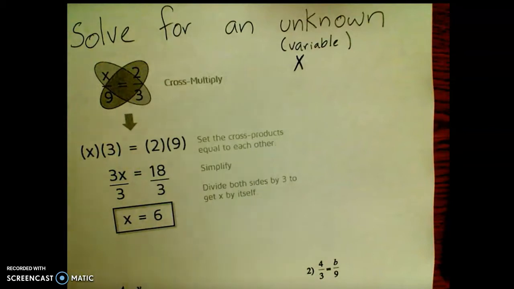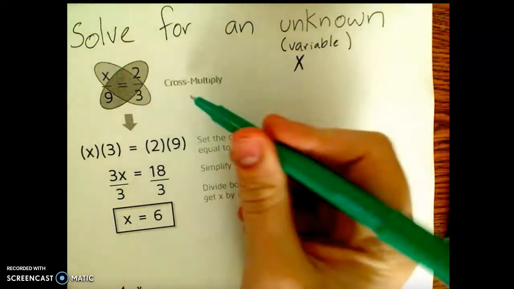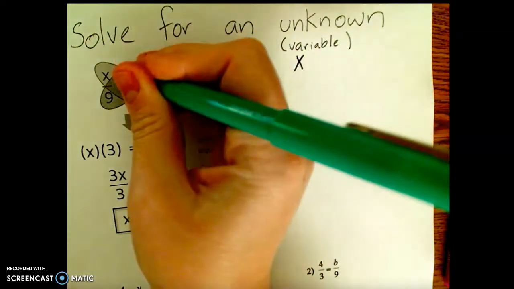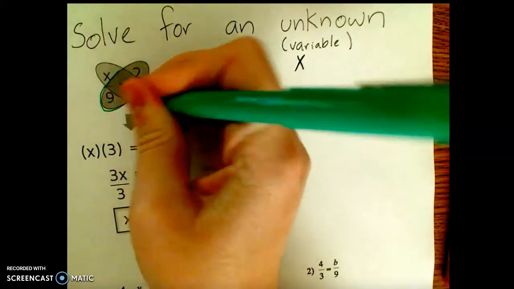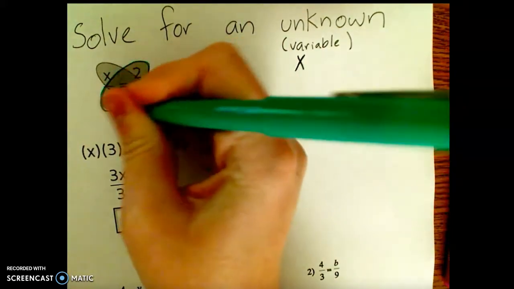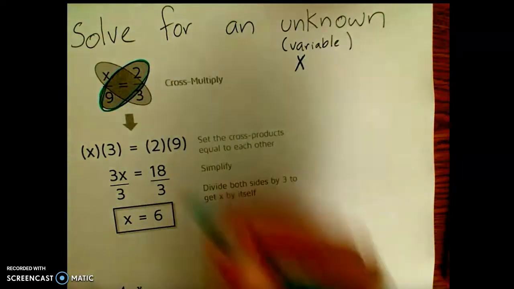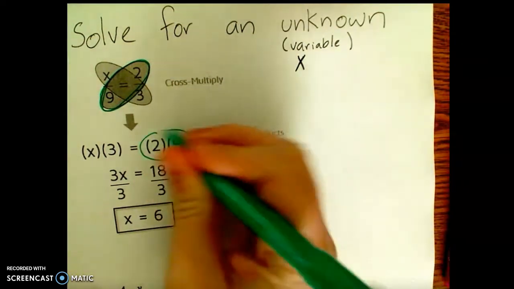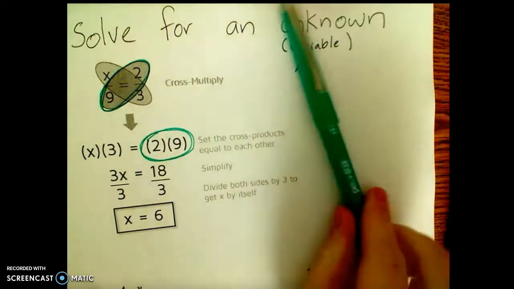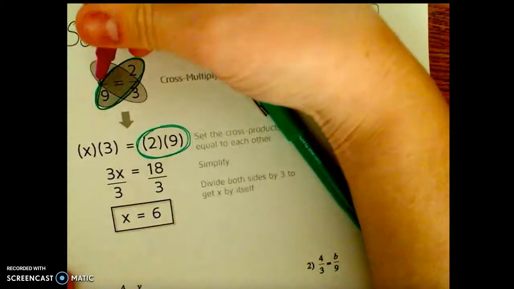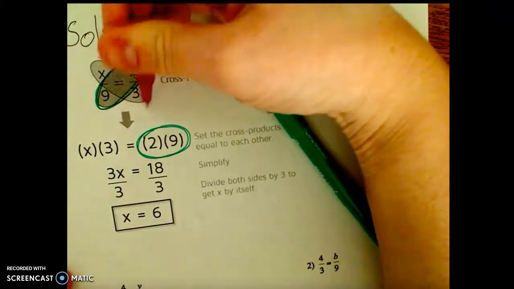Now, since this is all black and white, I'm going to get my colors out, and we are going to color cross multiplication again. Okay, so this one right here, 9 times 2 is going to be in green. And the other side is going to have x times 3.